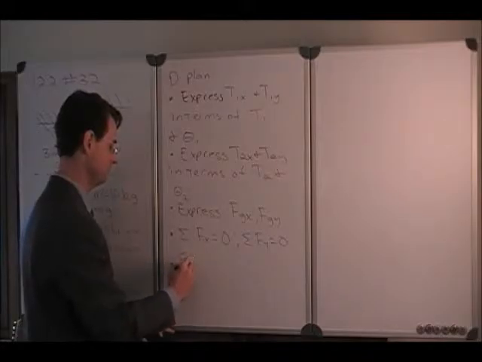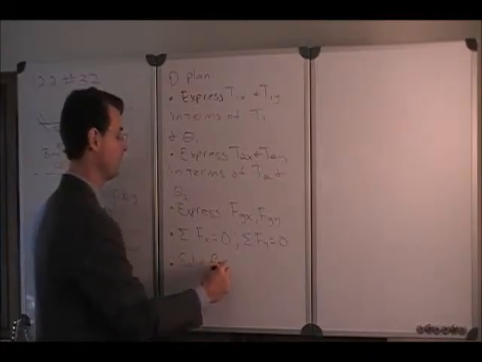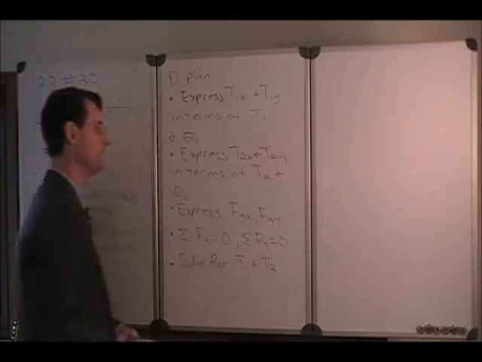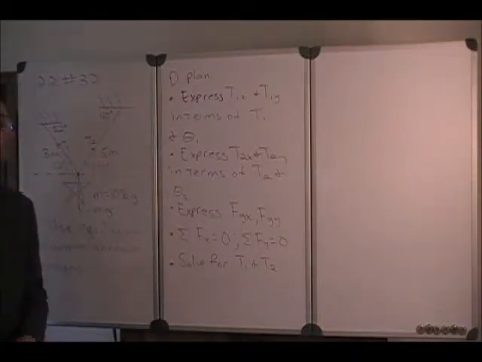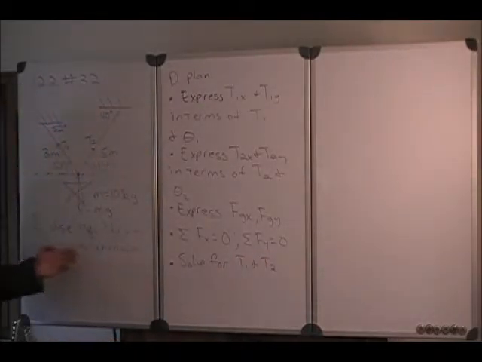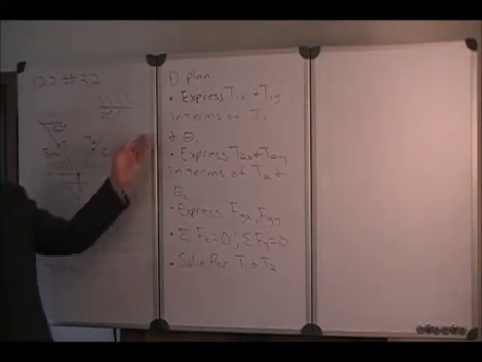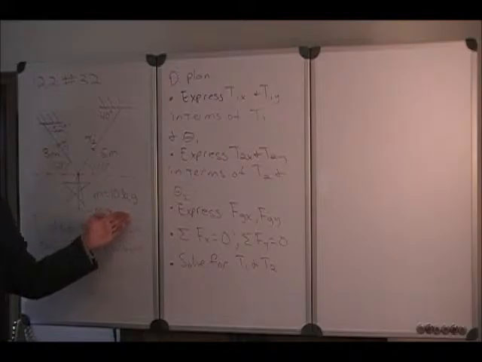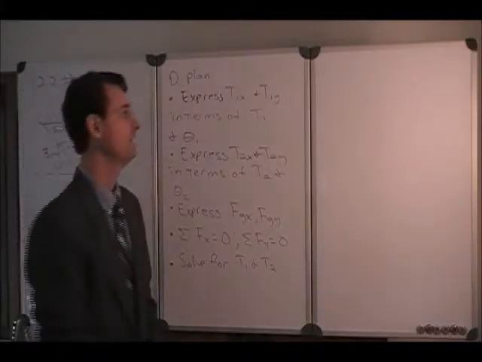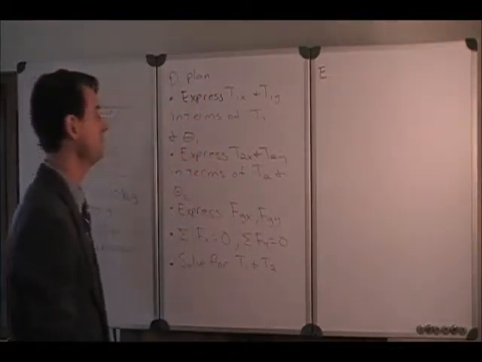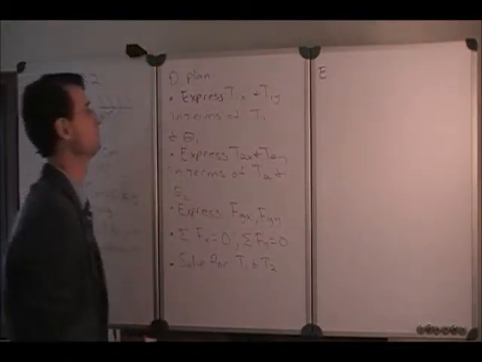So now we can solve for our unknowns T1 and T2. All right, so we've identified our big idea. We've amended our picture and developed our plan, and now we need to start executing or evaluating our plan.